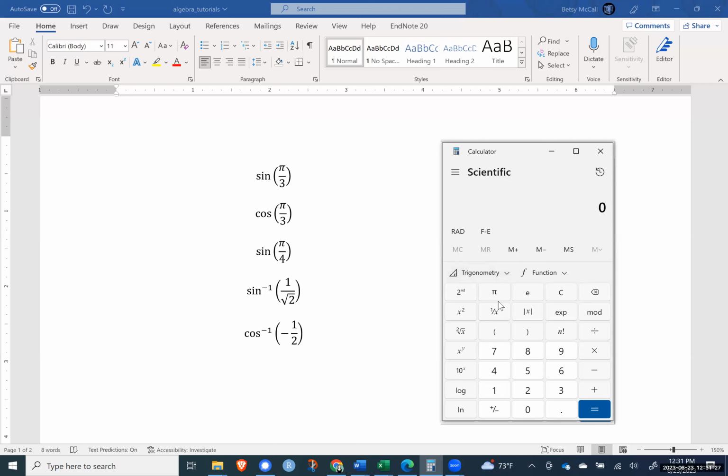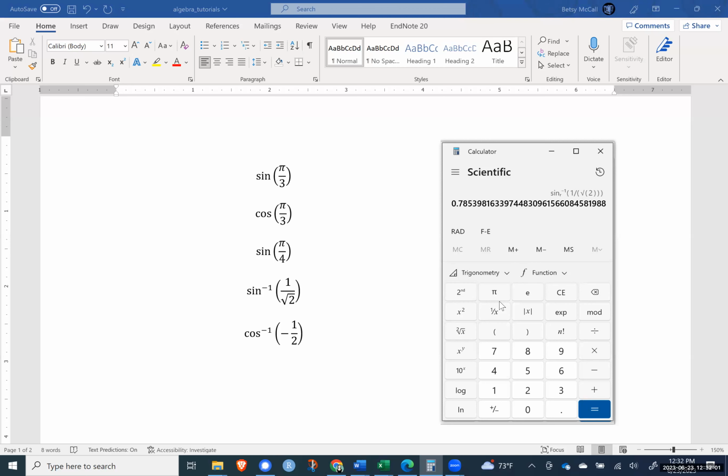So the way to do this, we're going to do 1 divided by the square root of 2. Let's try this again. There's our square root of 2, and then 1 over the square root of 2 is our reciprocal. And then I want to take the inverse sine.